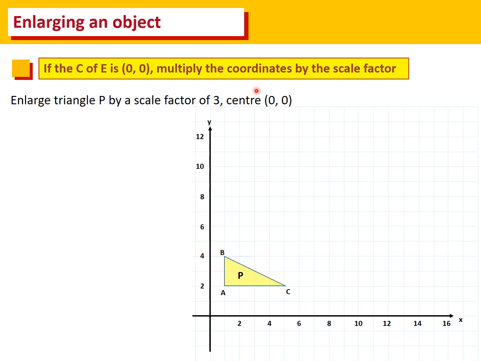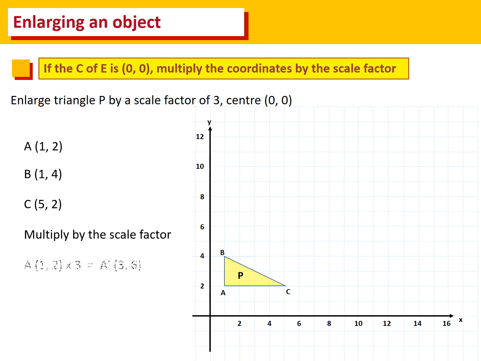And the yellow box makes it quite clear that all we need to do is multiply the coordinates of P by the scale factor 3. So, those are the coordinates of P. We multiply each of them in turn by the scale factor. So when we multiply A, the coordinate 1, 2, by the scale factor of 3, we end up with 3, 6.